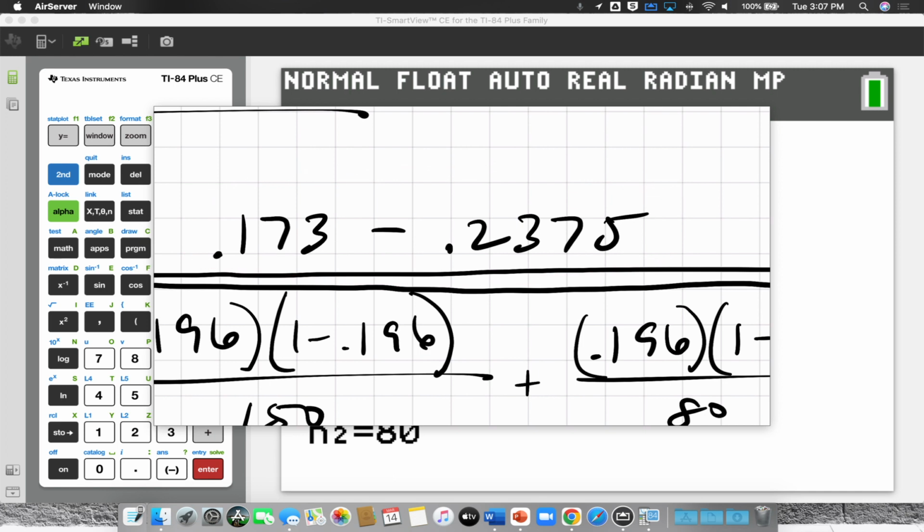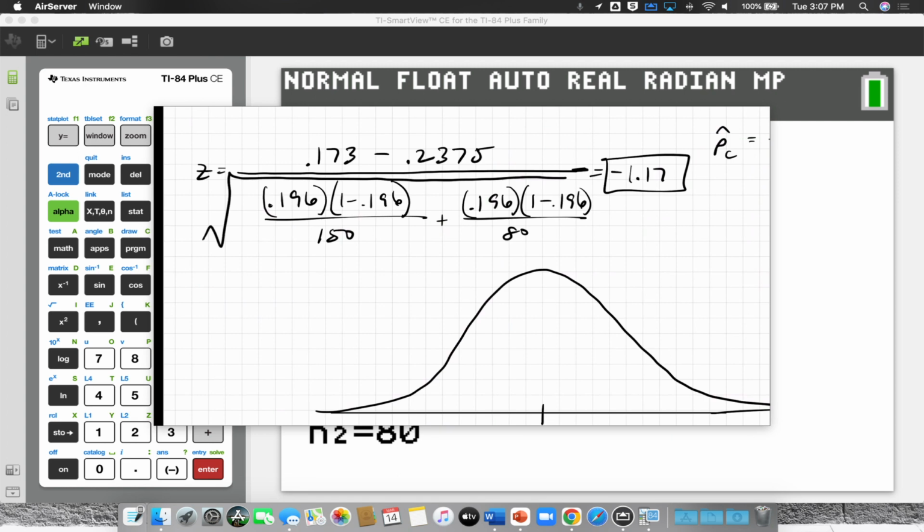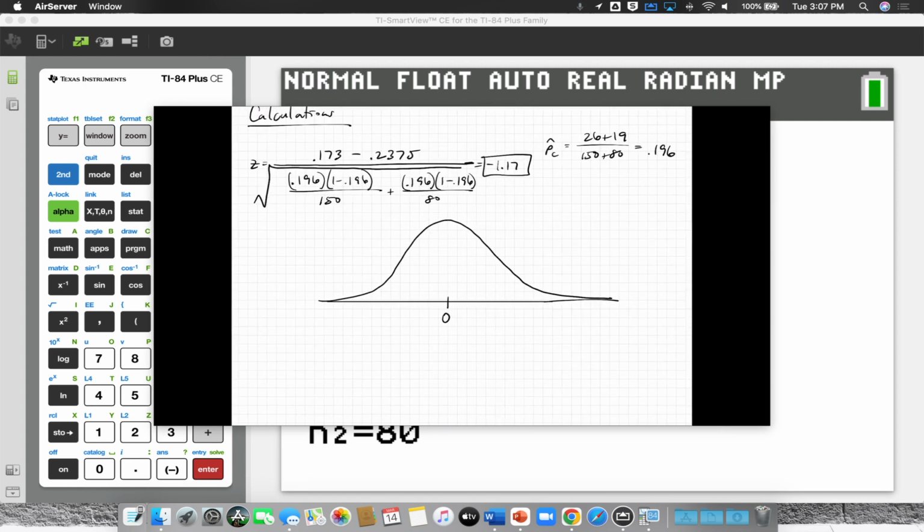It's going to be a negative number, negative 0.0645.